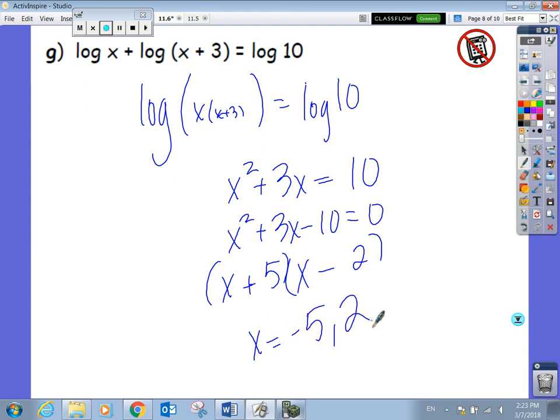But we have to check. Negative 5 makes the argument negative. 2 makes both arguments positive. So x equals 2. Negative 5 does not work. We only have one answer of x equals 2. They might both work, they might not. It just depends on the problem.